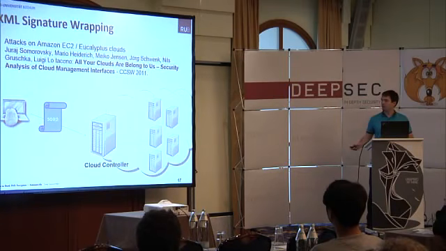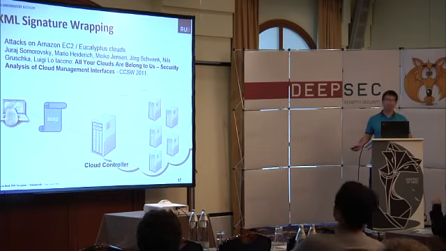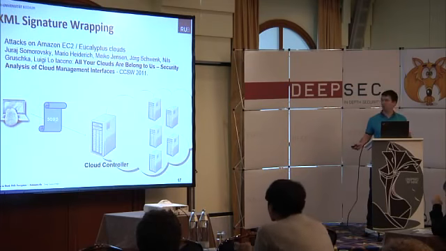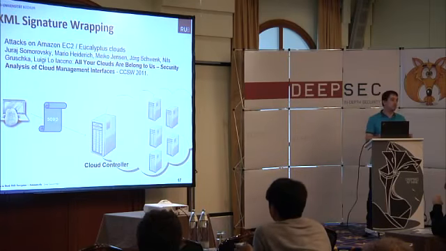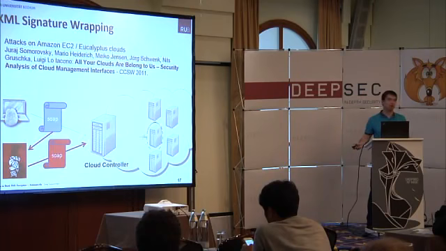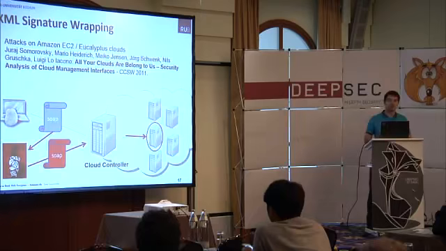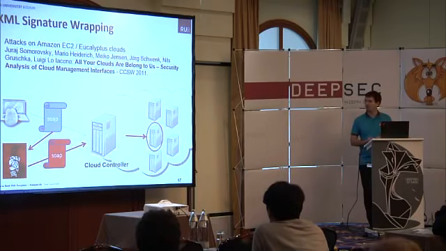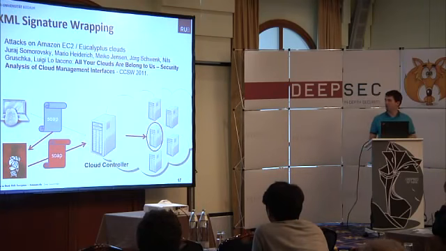The client could invoke SOAP calls using signed SOAP messages, and for example start new instances on the cloud, and it was possible to execute signature wrapping. The attacker could eavesdrop the message, modify it, send it to the cloud controller, create new instances, get private keys from the server, and so on. So he could get the whole cloud of the customer.